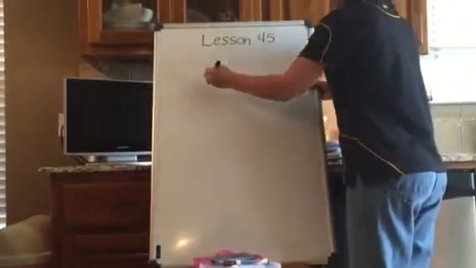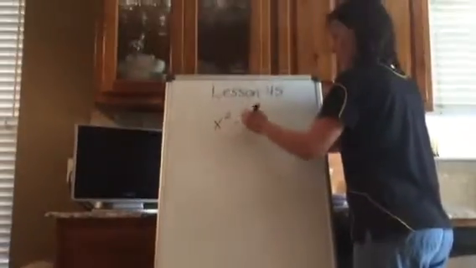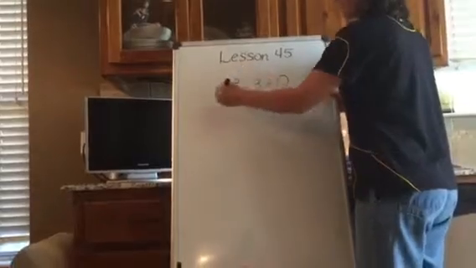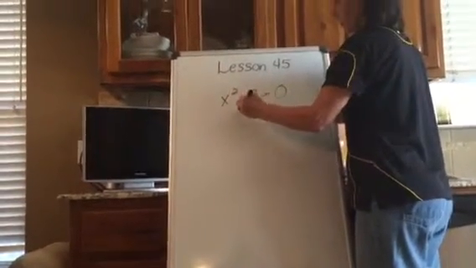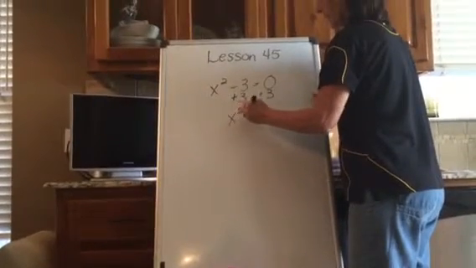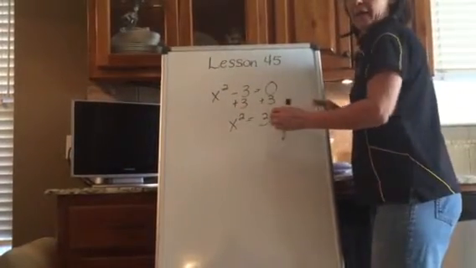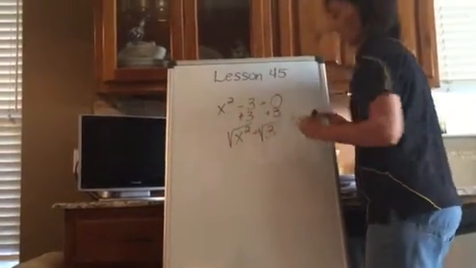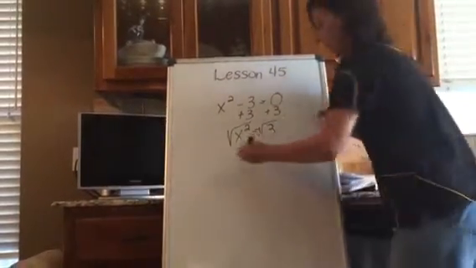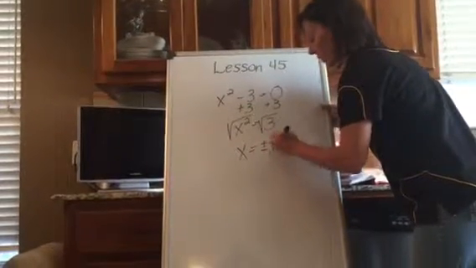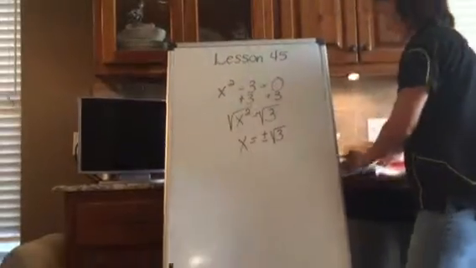So if I have x squared minus 3 equals 0, I can solve it using the same procedure by isolating my squared term. I'm going to move my 3 to the other side, and I have x squared equals 3. To eliminate my square, I'm going to take the square root of both sides, and x is going to equal plus and minus the square root of 3.